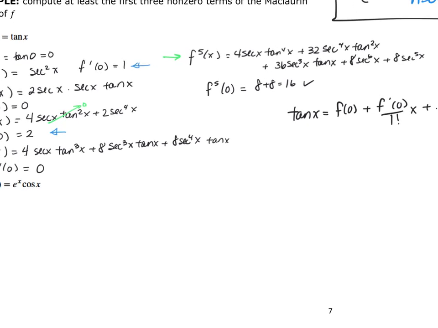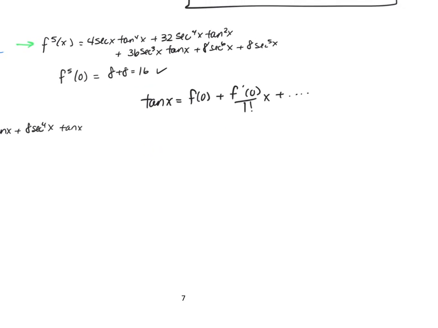Everything else is going to go to 0. So this is going to be equal to x, because that's the one associated to my first derivative that doesn't go to 0, plus 2 over 3 factorial x raised to the 3, plus 16 over 5 factorial x raised to the 5th plus dot, dot, dot.